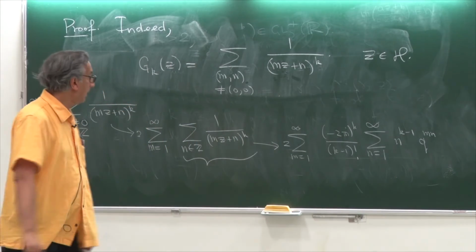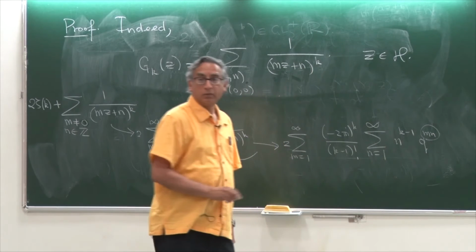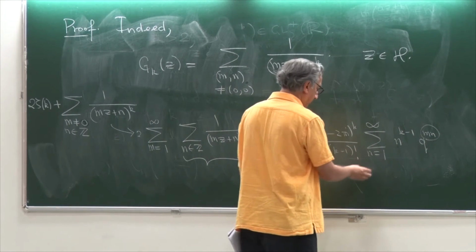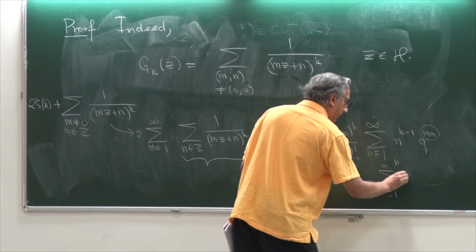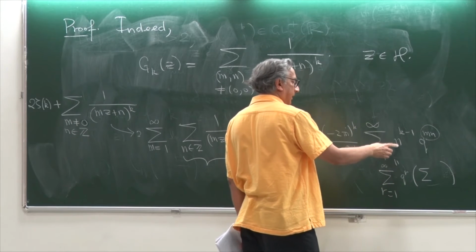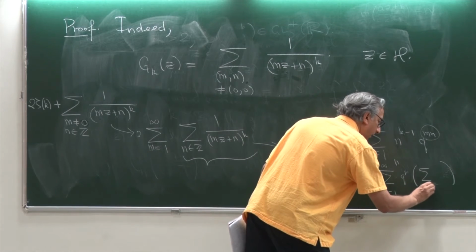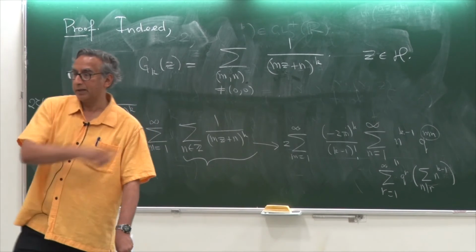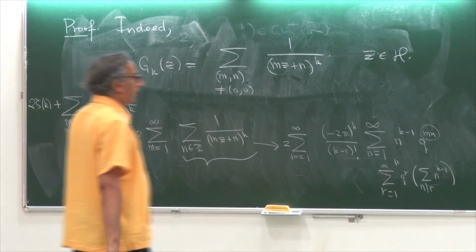Okay? So now we group together the exponents where mn equals, let's say, r, and you see that the coefficient that you accumulate in this fashion is, so let's say r going from 1 to infinity, q to the r, and the inside sum will be those numbers n to the k minus 1 such that mn equals r. That's the same as saying n divides r, n to the power k minus 1. That's precisely the divisor function that I've put on the board at the top over there. So that's basically how you derive the Fourier expansion.